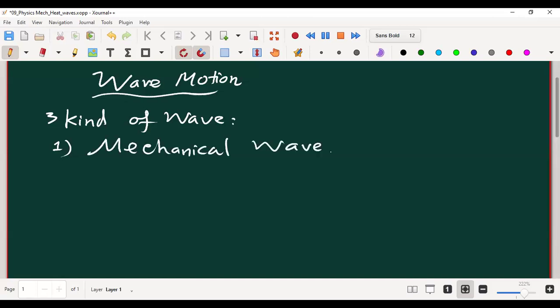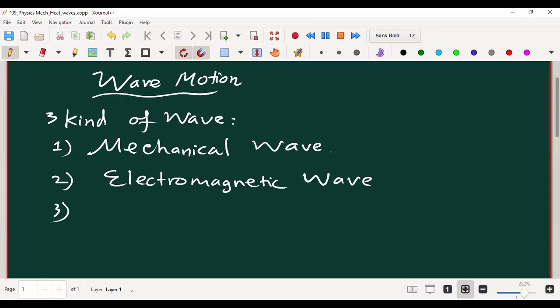The second is electromagnetic wave. The third is matter wave. In this physics course, mechanics and heat, we will focus on mechanical wave, because electromagnetic wave is another topic that we learn in the course of electricity and magnetism, and matter wave is modern physics.